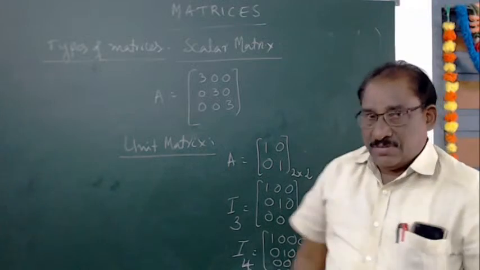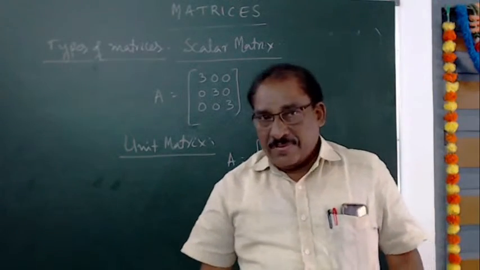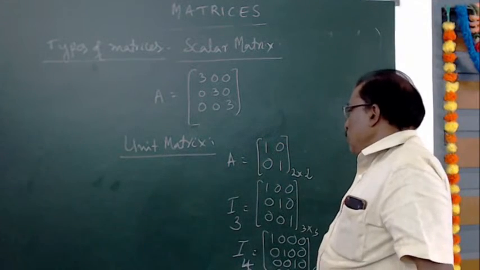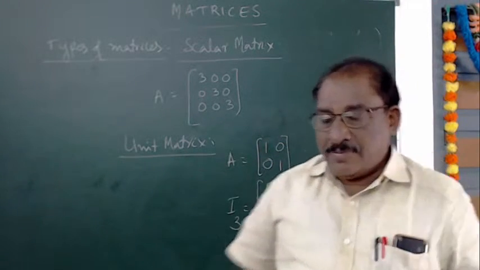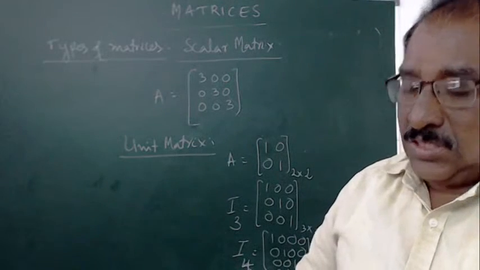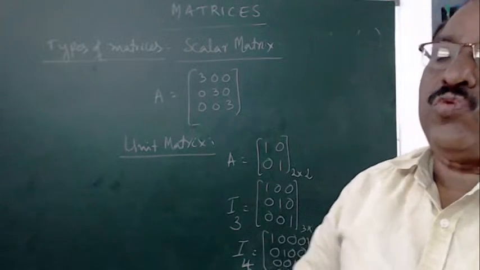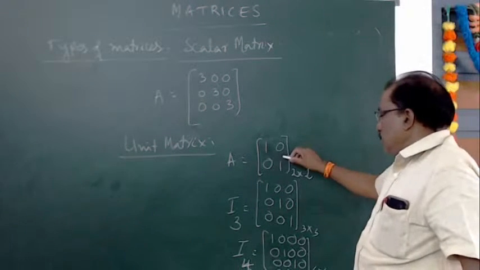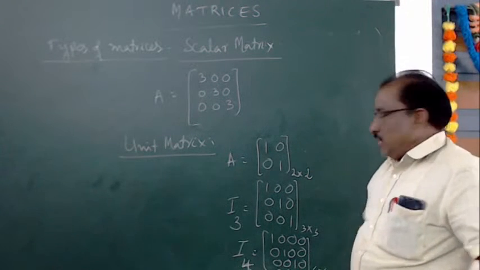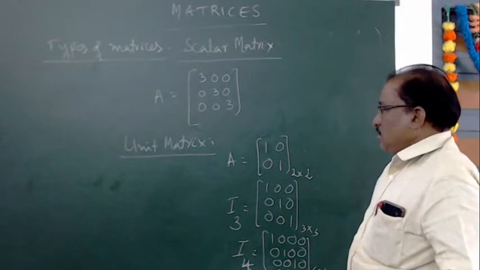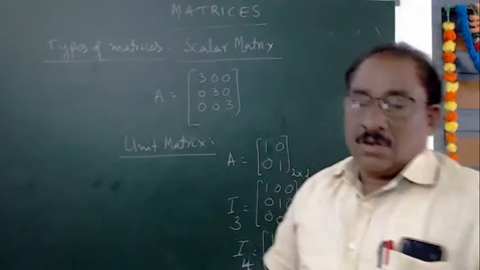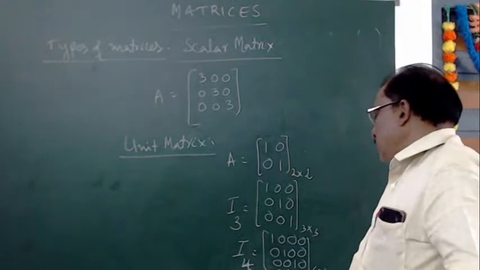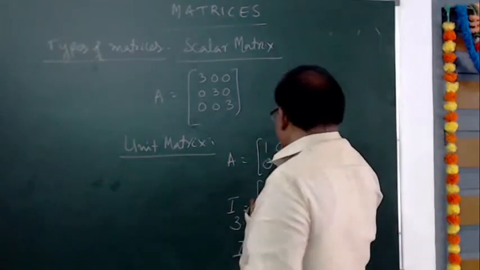Write down the definition of the unit matrix. In a square matrix, each diagonal element is equal to 1 and the non-diagonal elements are equal to 0, then it is called the unit matrix. This is also called the unity matrix or identity matrix, and it is denoted by I2.